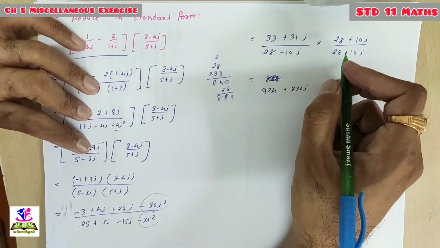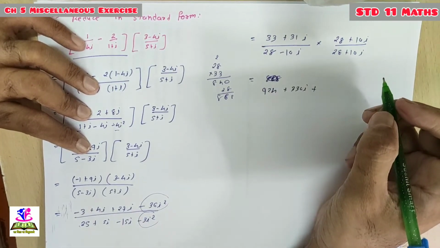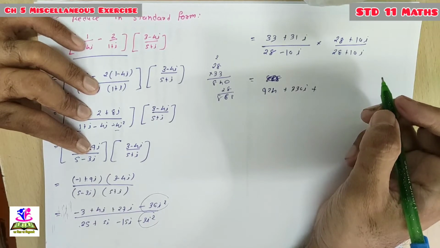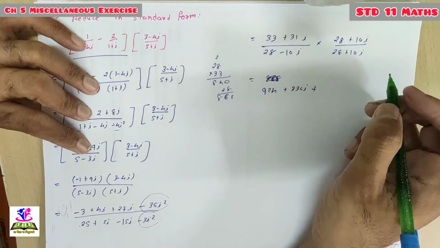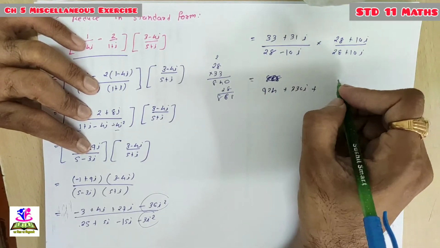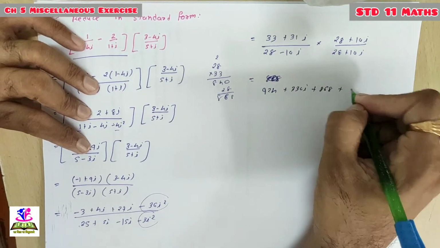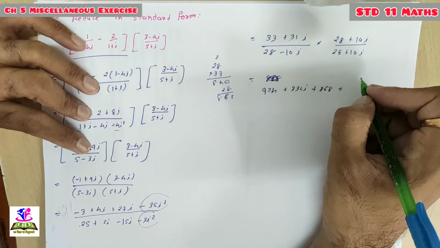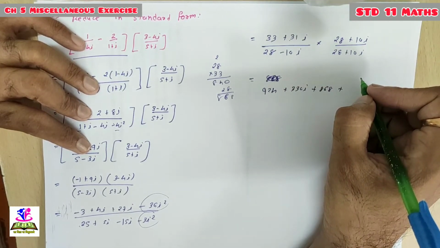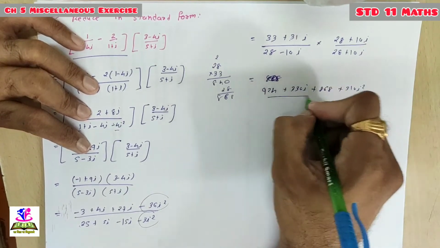Again 31 into 28 is 868, plus 310 i square.